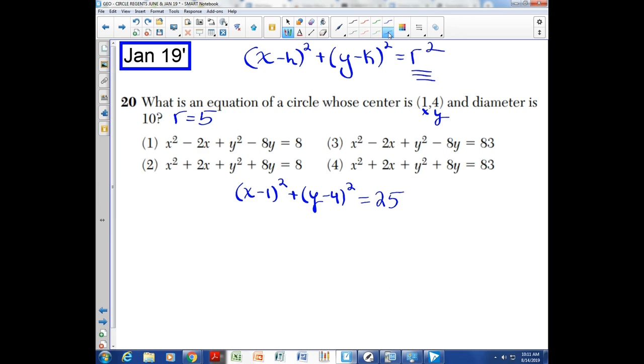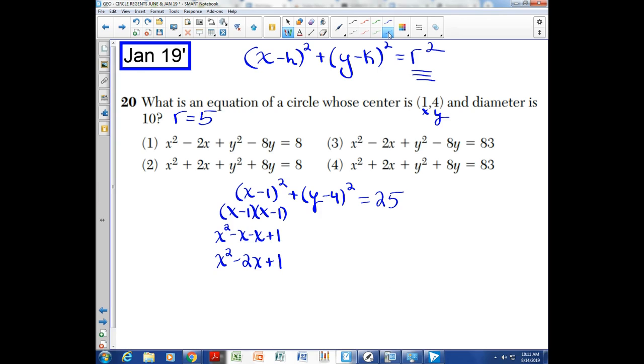Okay. Now let's multiply this out. What's an x minus 1 squared? You might remember that an x minus 1 squared really means x minus 1 times x minus 1. And if we multiply that out, we end up with x squared minus 1x minus 1x plus 1, which will give us x squared minus 2x plus 1.